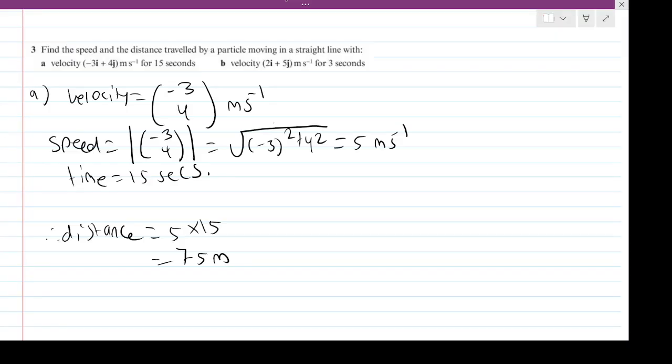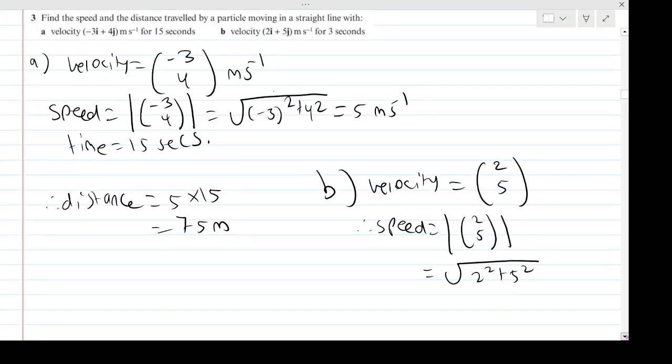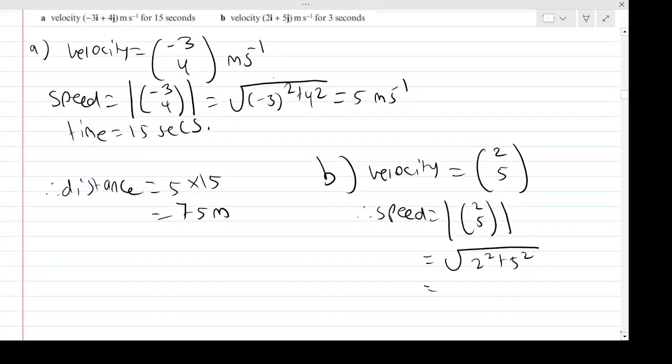Okay, part B, I'll do it down here. My velocity is now 2i add 5j, or as a column 2, 5. Therefore, my speed is going to be the magnitude of this, which should be root 2 squared add 5 squared, which would be root 29, and that would be in meters per second.